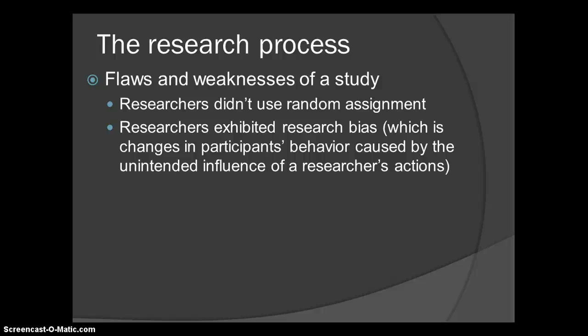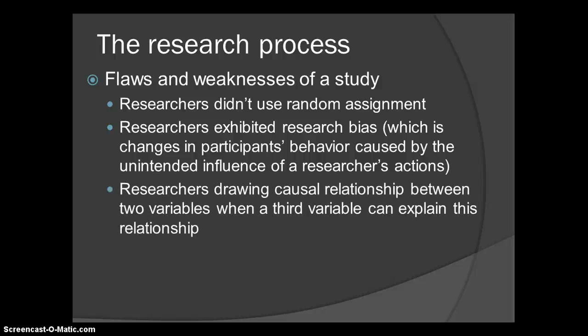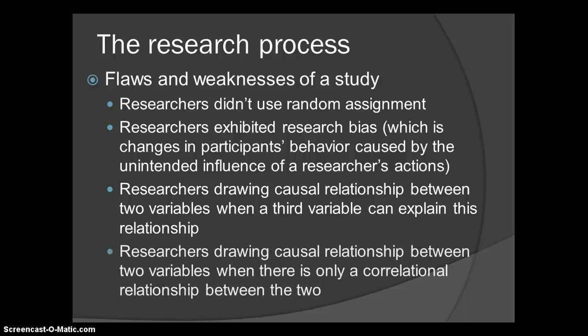I might, as a researcher, affect their behavior. Other flaws include researchers drawing a causal relationship between two variables when there is a third variable that can explain the relationship, and researchers drawing a causal relationship between two variables when there is only a correlational relationship between the two.